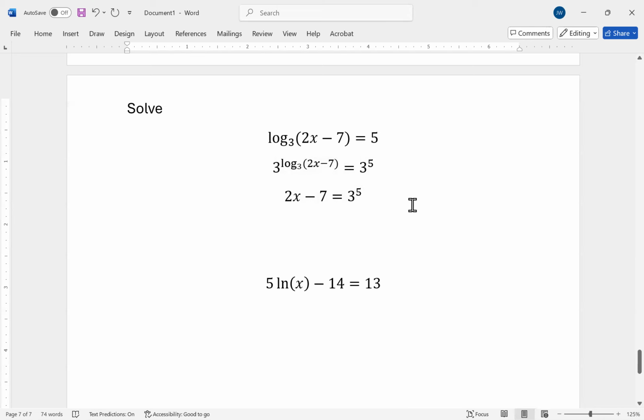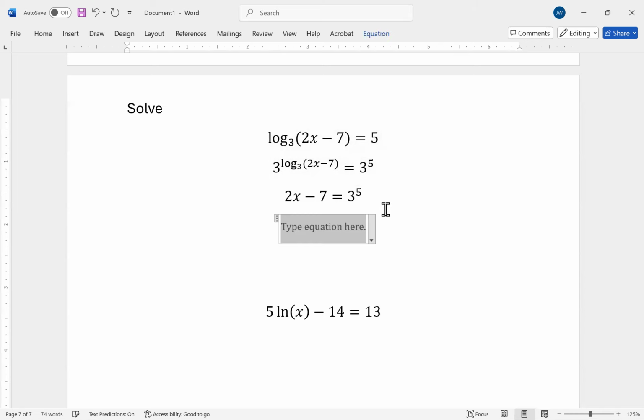On the right-hand side, I'm always going to get 3 to the 5th. So I either reimagine this as an exponential function, or I think of it as taking 3 to the power where both sides of this original equation become my exponent. Either way, that's what I end up with.